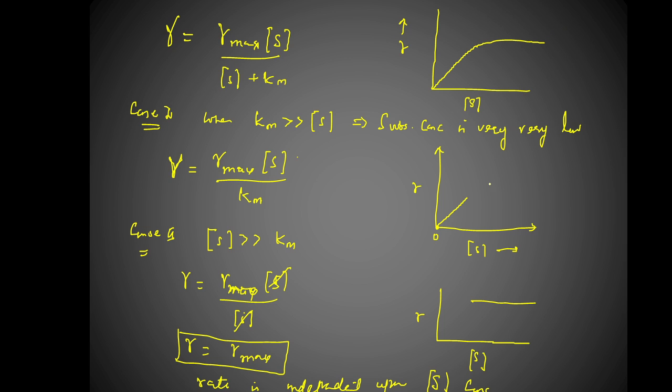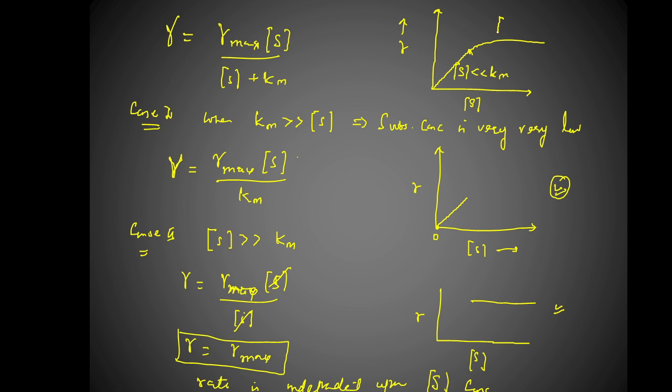So this is the first important question. At low substrate concentration, this type of graph can be obtained. At high substrate concentration, this type of graph can be obtained. We can plot it in a single graph, so that type of graph will be plotted like this. This is at low values of S, up to here, when the concentration of S is less than Km.